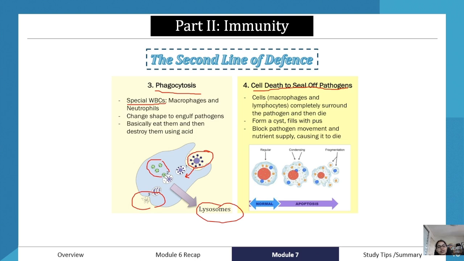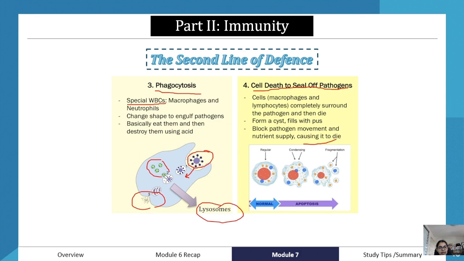Then we've got cell death to seal off pathogens, and this is known as apoptosis. This involves cells, which this time are macrophages and lymphocytes, which completely surround the pathogen, and then they die. So they form a cyst, and that cyst is filled with pus, and through that they block pathogen movement and also block the nutrient supply to the pathogen, and that causes it to die.